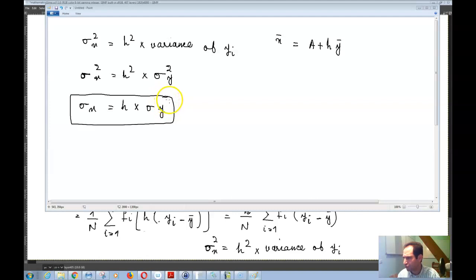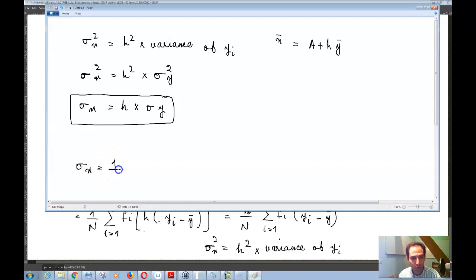Previously we wrote sigma of x, we have the formula sigma of x equal to 1 over n times the square root of, you do remember that formula, n times sigma of f of i x of i squared as i goes from 1 to n, minus sigma of f of i x of i as i goes from 1 to n.